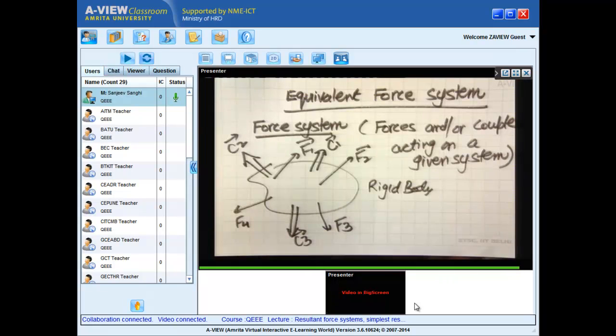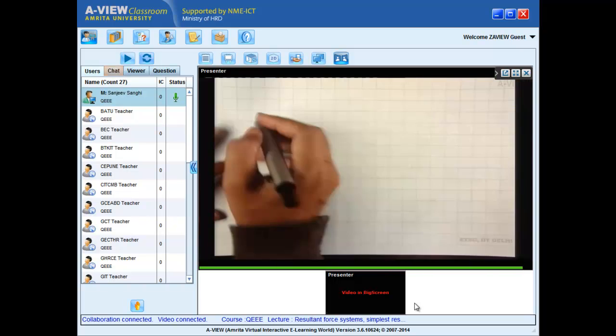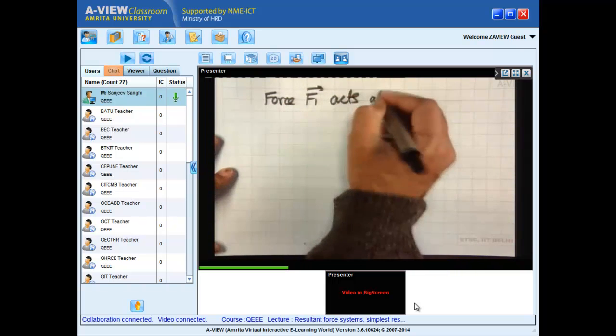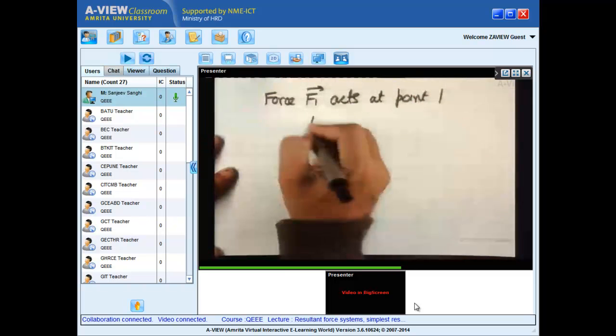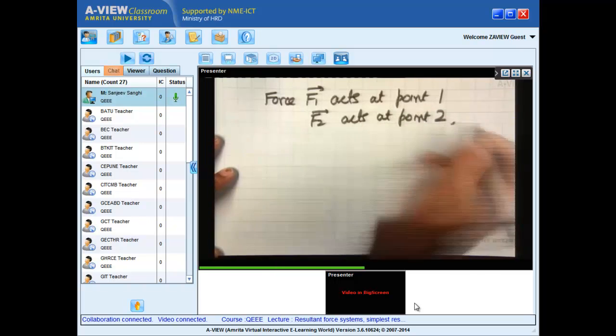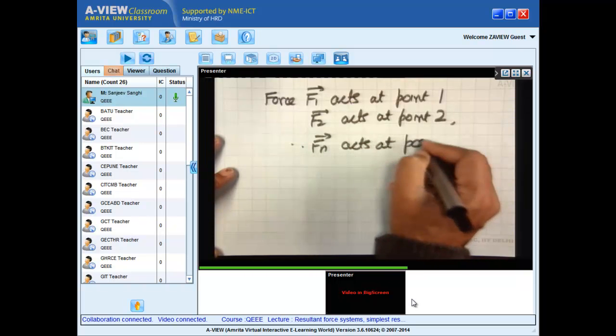So let's say we have a system. This is an example of a force system: on a given part of a body, forces and couples are acting. Now the whole crux of our discussion on equivalent force systems is that force F1 acts at point 1, F2 acts at point 2, etc., and force Fn acts at point n.